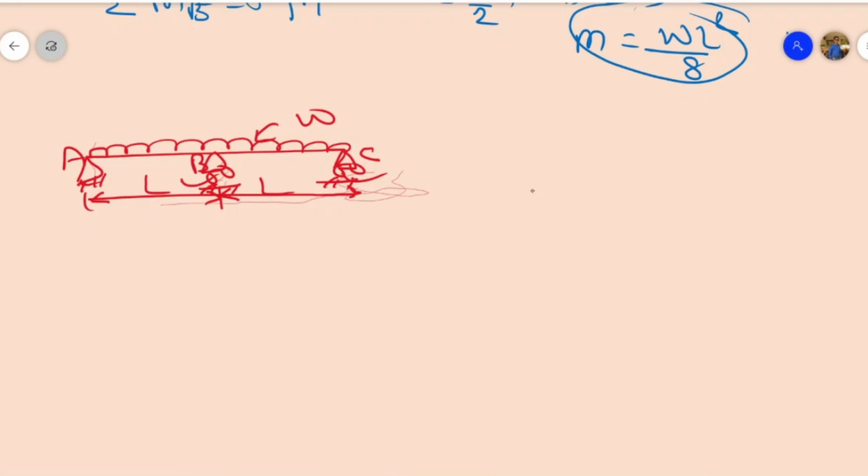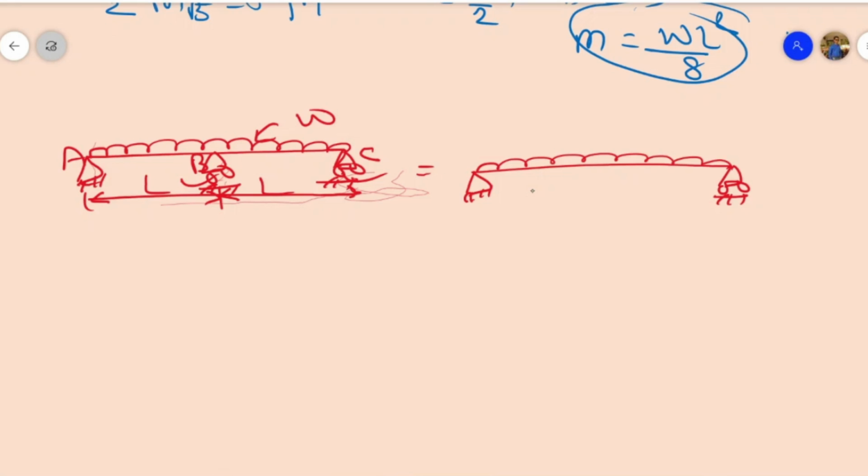Let's break this beam into two parts. How can we break this beam into two parts? Suppose this is the total length, with a pin support over here, one UDL acting, and one roller support present over here.